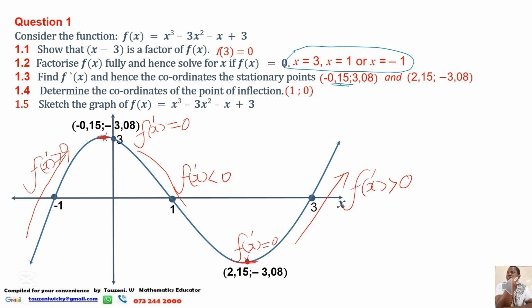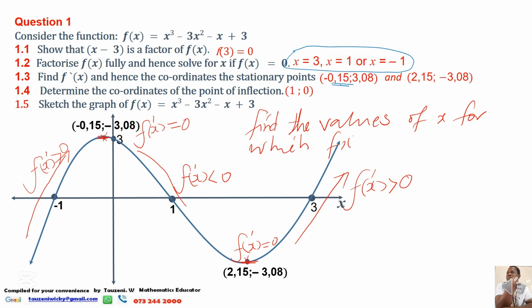So in some examinations, the question can say to you, find what are the values or value of x. Determine the values of x for which f of x is increasing or decreasing, whatever the case may be. Then I must look at my graph and determine which part of the graph is decreasing, which part of the graph is increasing.